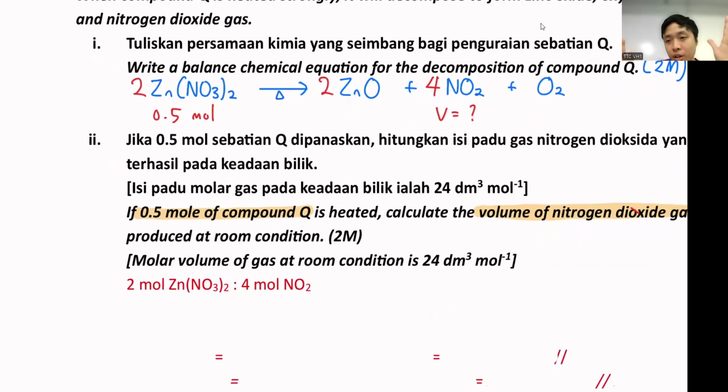I know some schools also like to write in sentences: 2 mole of zinc nitrate produces 4 mole of nitrogen dioxide. 2 how to become 4? 2 times 2 becomes 4. So if zinc nitrate got 0.5 mole, how many mole of NO2? You also have to multiply by 2, right? You will get 1.